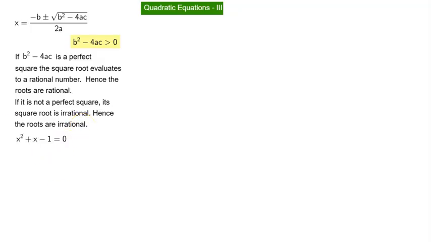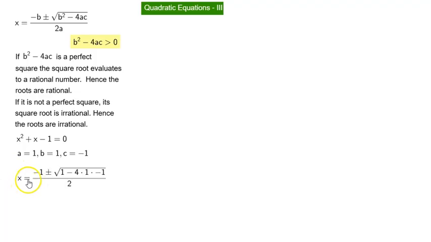So let's look at an example. X square plus x minus 1 is equal to 0. Here a is equal to 1, b is equal to 1, and c is equal to minus 1. So let's apply the quadratic formula.